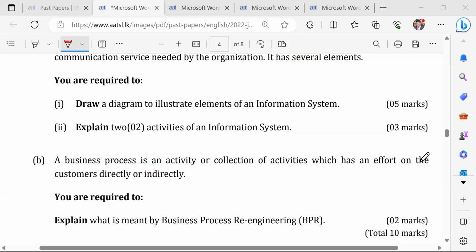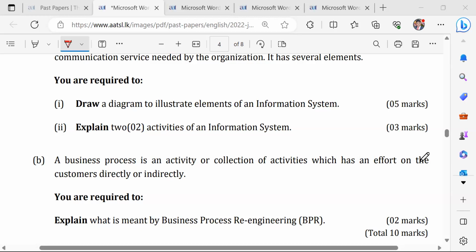These collected data, we can say some are quantitative, some are qualitative. Then conversion of data into information, processing data. Under that, you can write data processed into information. The same set of data, we can convert into different types of information by changing the process. We can process the same data in different ways and produce different information.